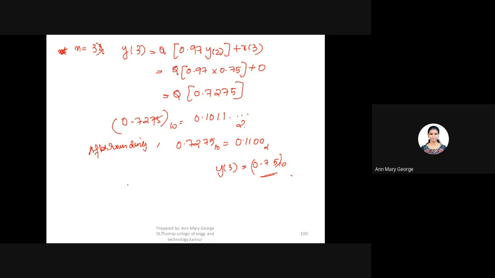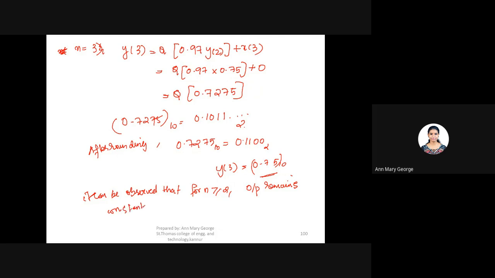So from the above calculation it can be observed that for n greater than or equal to 2, that is n equal to 2 and n equal to 3, the output remains constant.